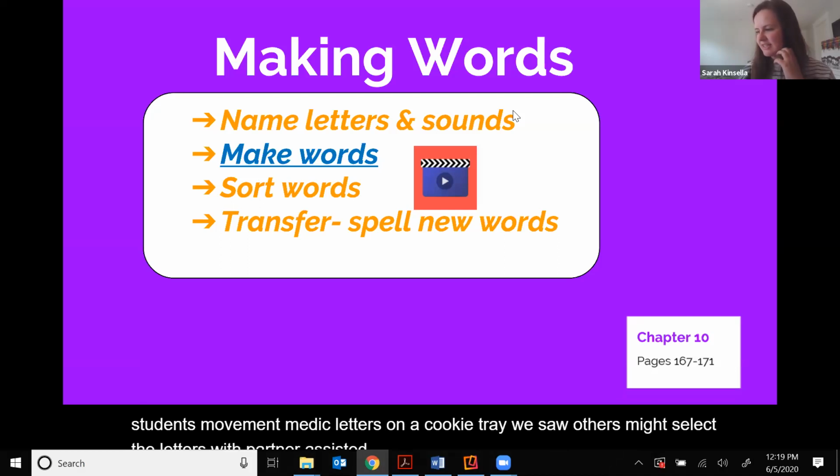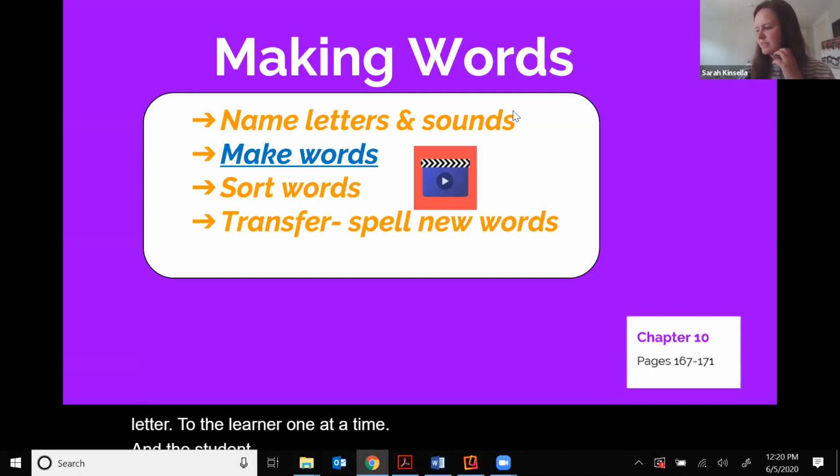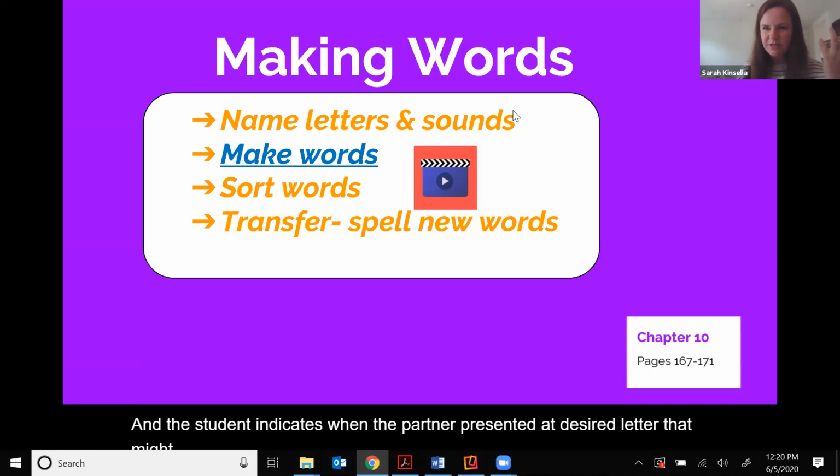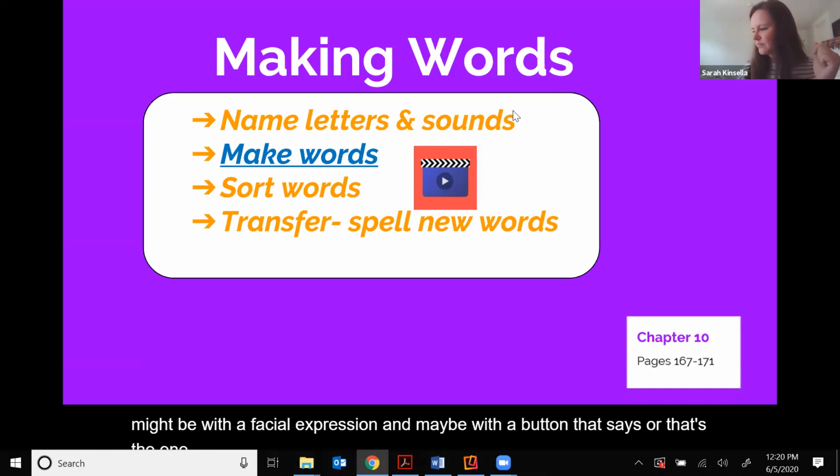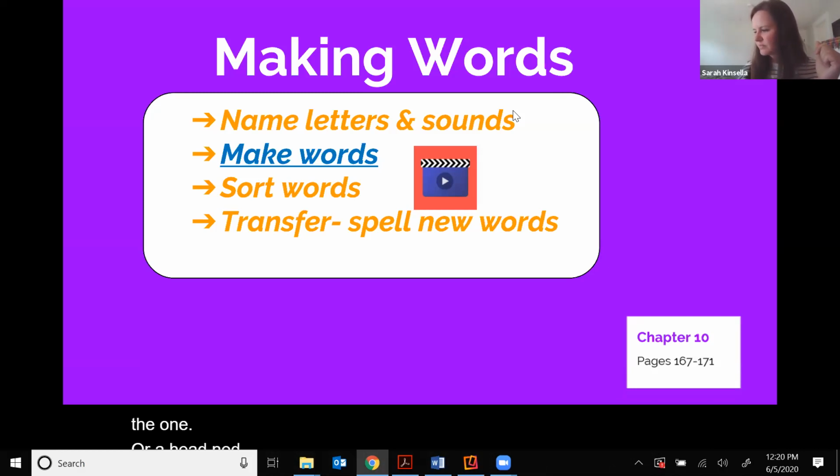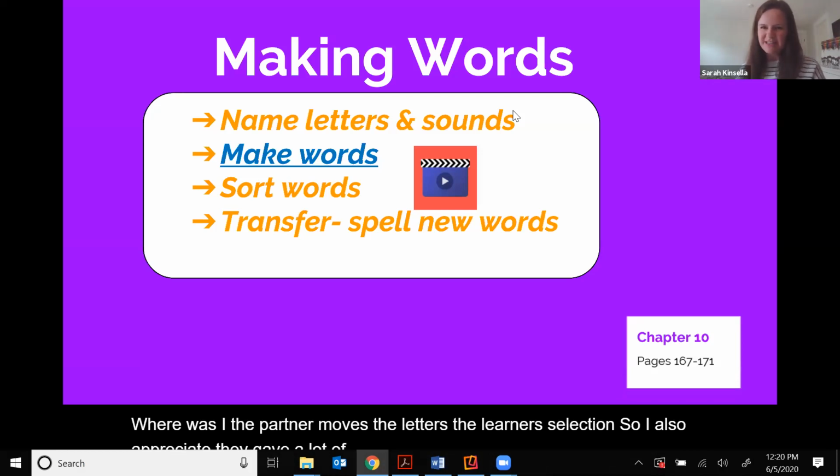So the partner presents the letter to the learner one at a time, and the student indicates when the partner presents a desired letter. That might be with a facial expression, it might be with a button that says yep, or that's the one, or a head nod. And the partner moves the learner's selection. So I also appreciate they gave a lot of examples for how we can modify these activities.